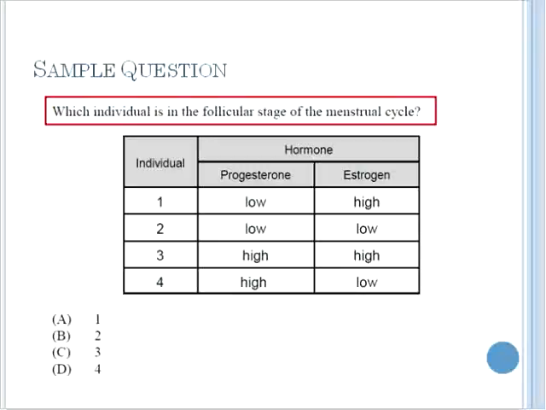Estrogen then would be high. Progesterone does not increase until later in the cycle, so progesterone levels will be low. The correct answer then is A, 1. Low progesterone, high estrogen indicates the follicular stage.